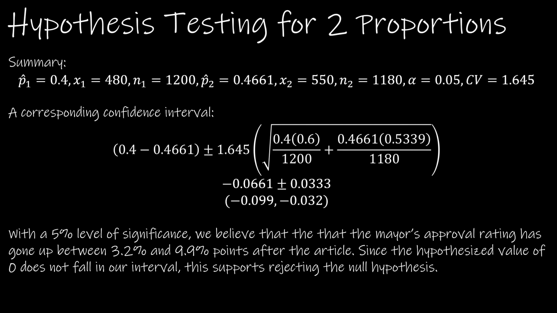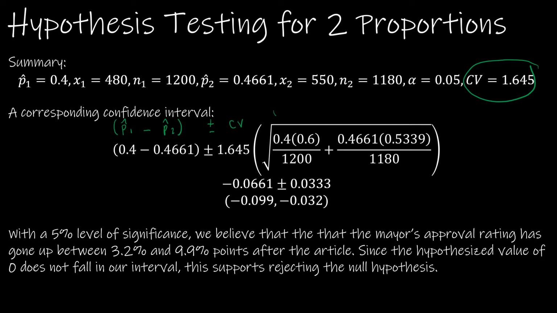For our corresponding confidence interval, remember, we're just going to be using that same critical value that we used for the rejection region. The formula, again, always reference your formula sheet if you get confused. This is p hat 1 minus p hat 2 is our point estimate. Plus or minus, this is our critical value.